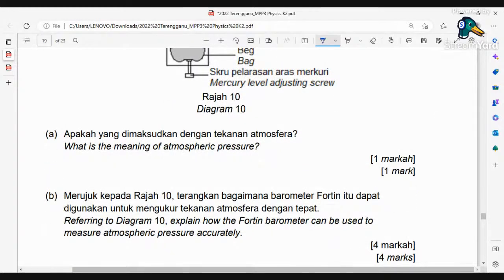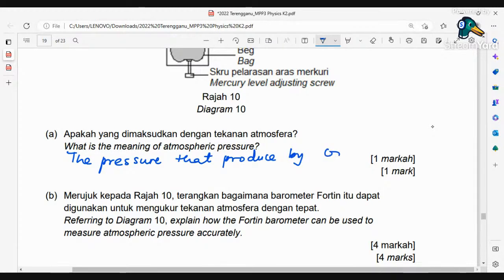What is the meaning of atmospheric pressure? The pressure that is produced by collision of air molecules with the objects in the atmospheric layer.